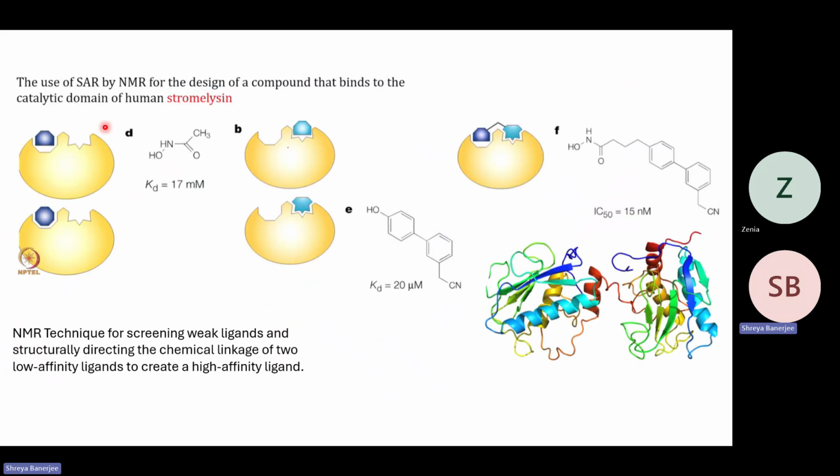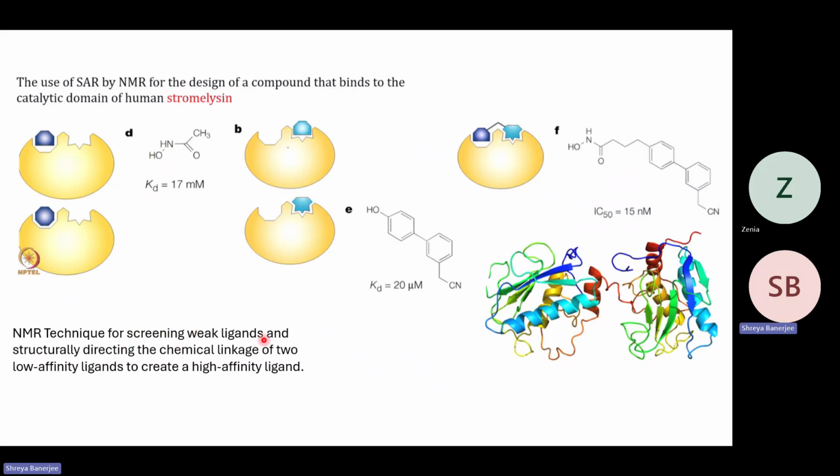The example shown here is for human stromelysin. For the first binding site, one compound was found to bind at around 17 millimolar. And for the second binding site, a compound was found to bind at around 20 micromolar.